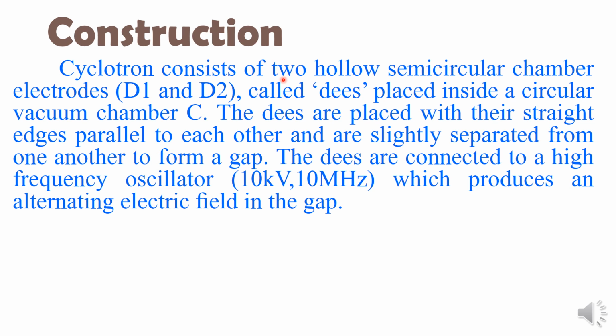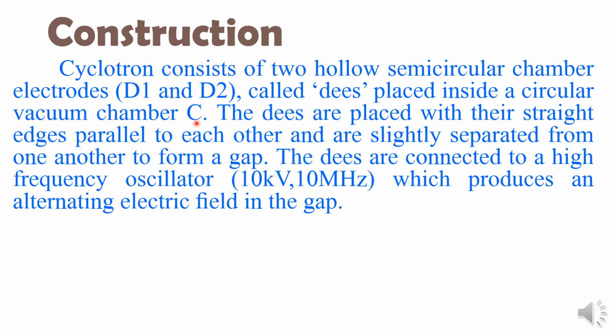Cyclotron consists of two hollow semicircular chamber electrodes, and these electrodes look similar to the letter D, therefore these electrodes are called Ds, and the two electrodes are named D1 and D2, and these two electrodes are placed inside a circular vacuum chamber.